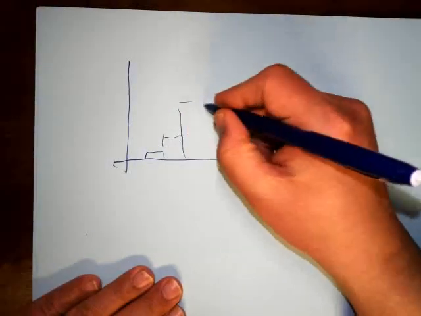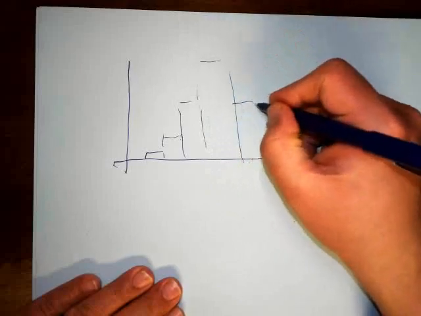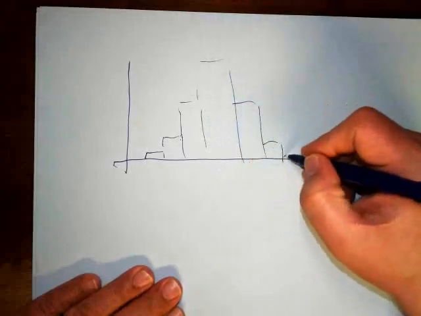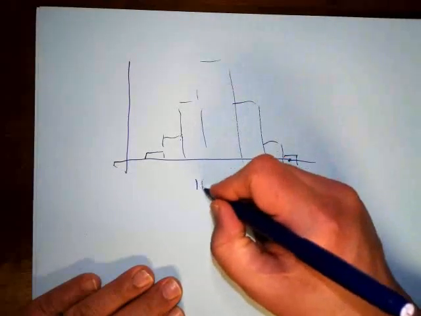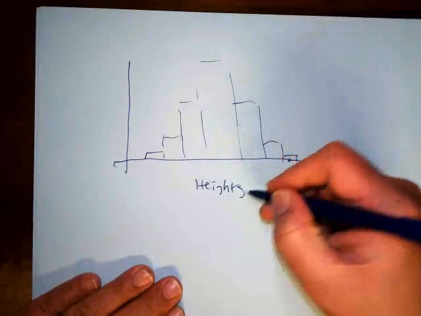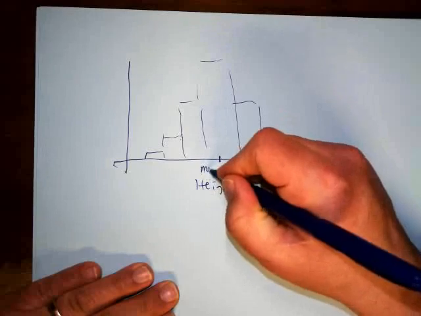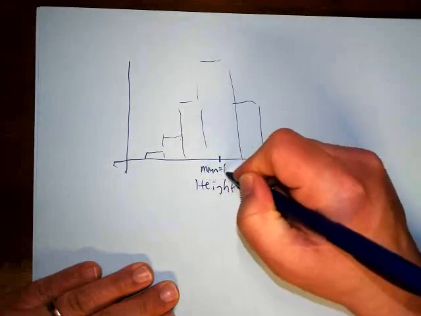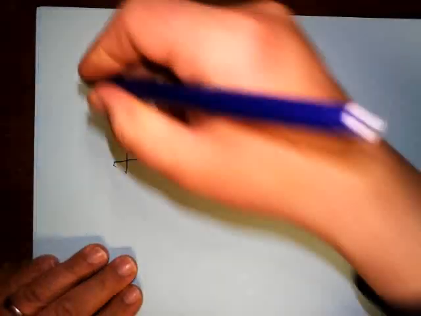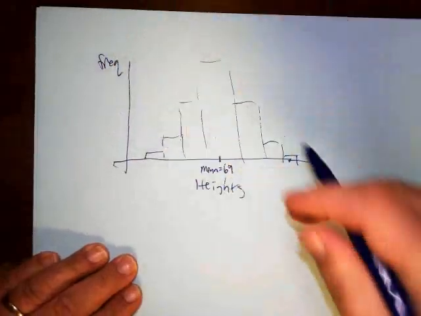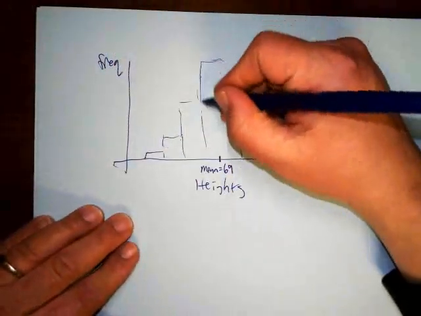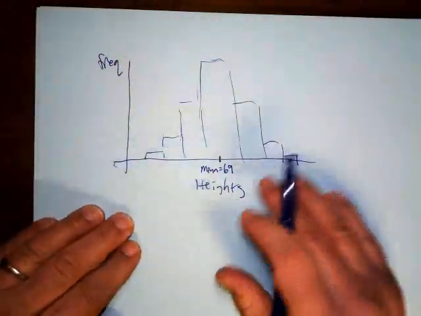Along the bottom you would have the heights, and this center here would be the mean, in this case 69 inches, and these would be the frequencies. And so you would have this distribution.